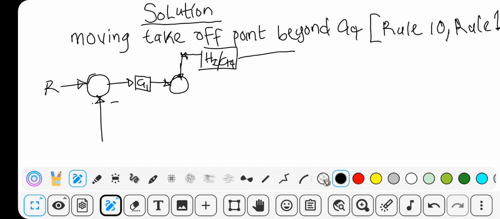If you check rule 10, moving this takeoff point beyond G4, you are going to have the block for H1 and the block for 1 over G4. So adding them, it will just be H2 times 1 over G4.